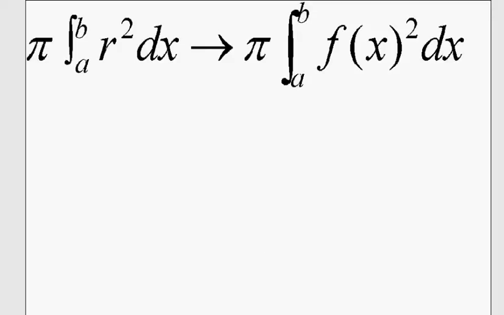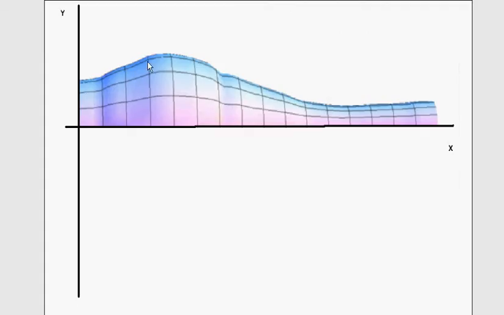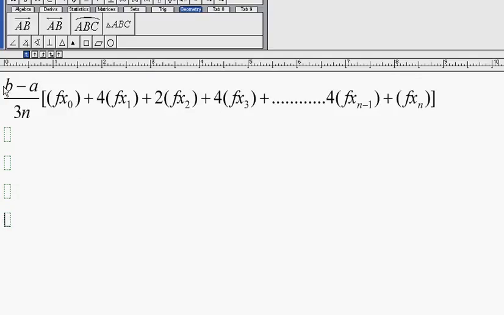Well, we're going to do the same exact thing, except we're going to use Simpson's rule to determine an approximation of this area under this curve, and we're going to square it and rotate it about the x-axis to determine the volume. Now here's Simpson's rule.